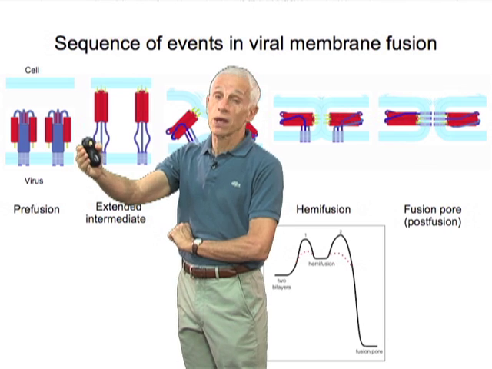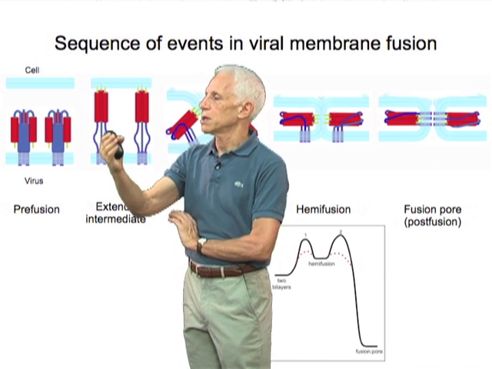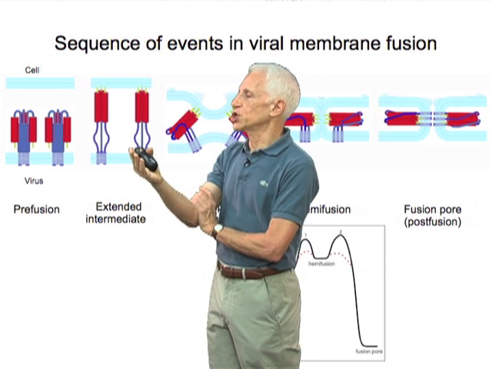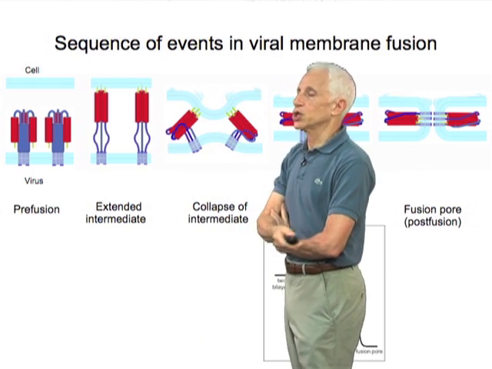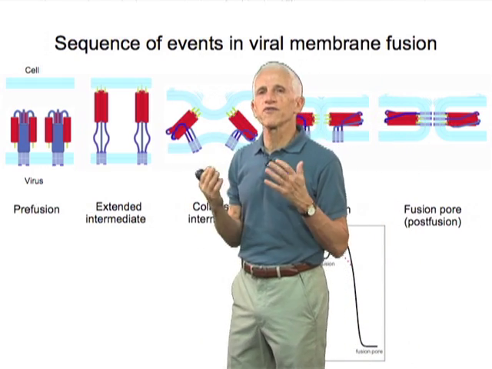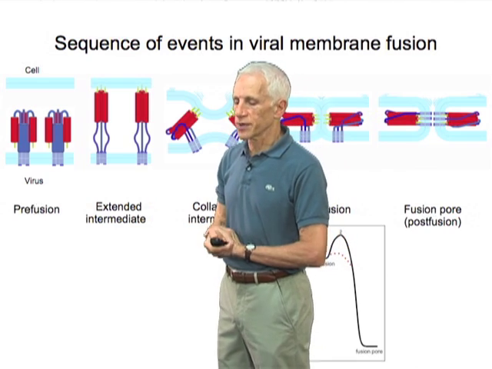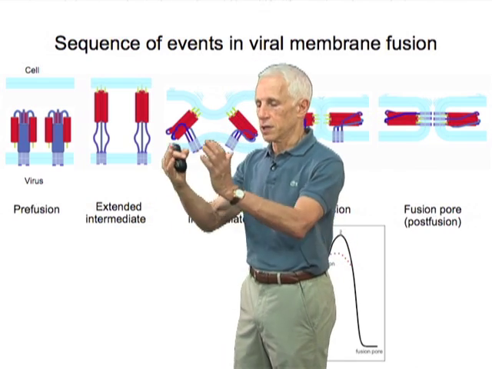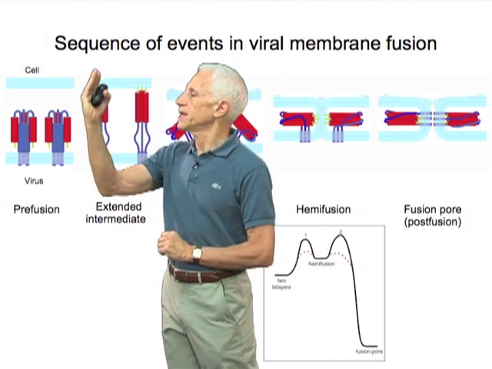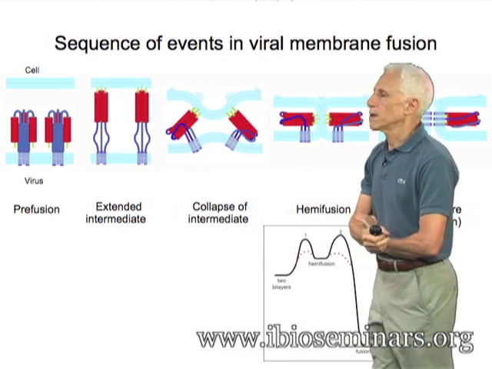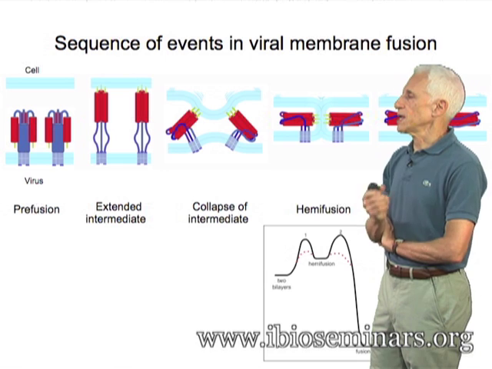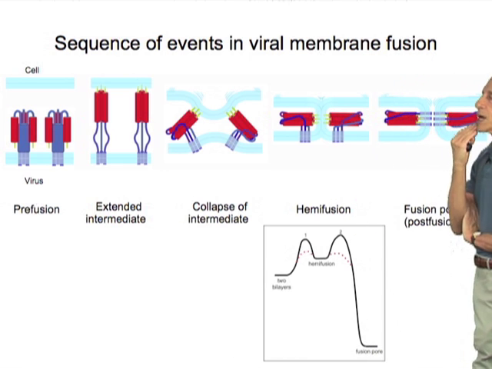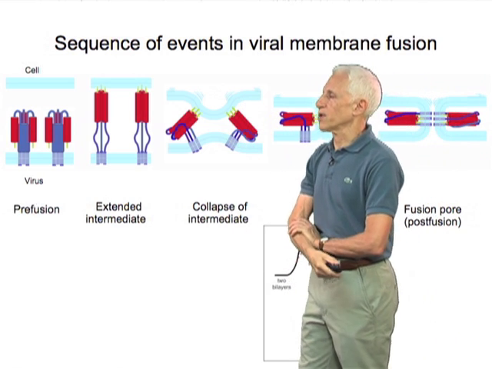Some event, proton binding or receptor binding, induces or fixes a conformational change in the fusion protein that leads to the formation of an extended intermediate in which a hydrophobic element, either an N-terminal peptide or a loop in the middle of an extended part of the protein structure, interacts with the target cell membrane. And that extended intermediate, which is transient, then collapses into a structure that is ultimately a stable structure for the fusion protein and drags the two membranes together.